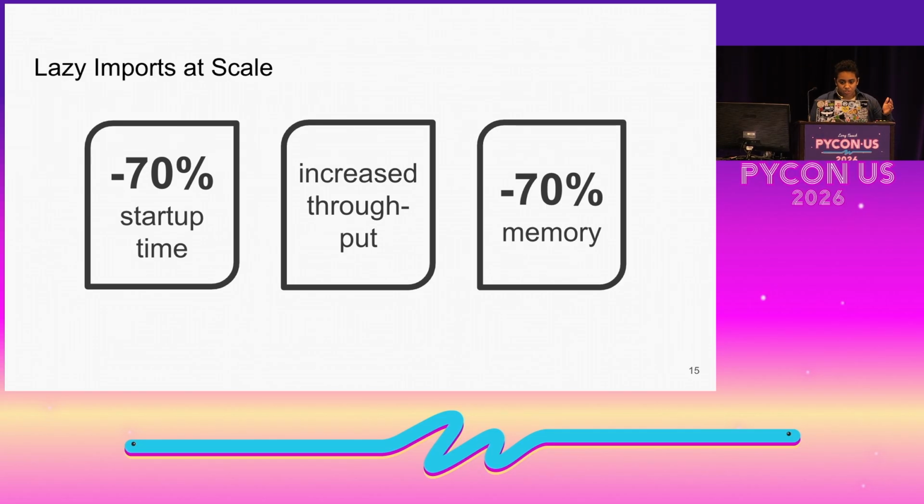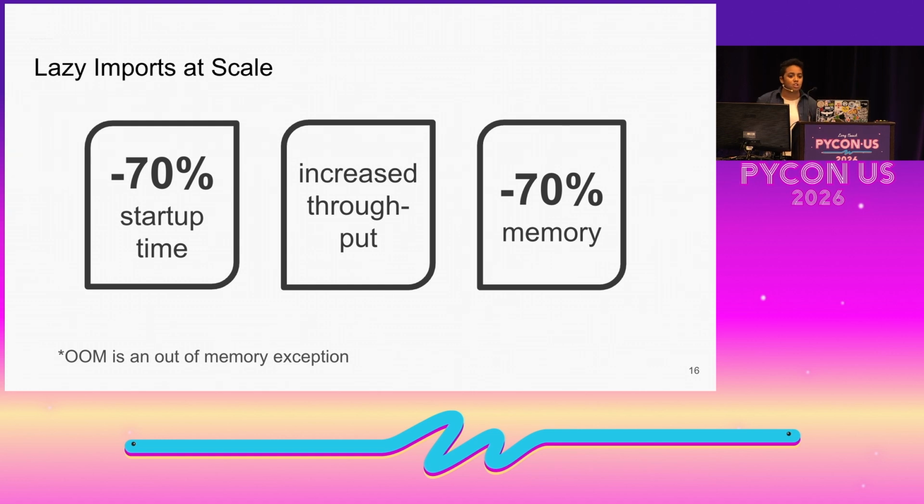But this also, to get back to Instagram, allows us to load 12x fewer modules. We saw 70% startup time reductions and increased throughput for our Django servers. In addition, other executables were able to see large decreases in memory usage by over 70%. Python programs that used to regularly crash were suddenly experiencing a whole new level of stability.